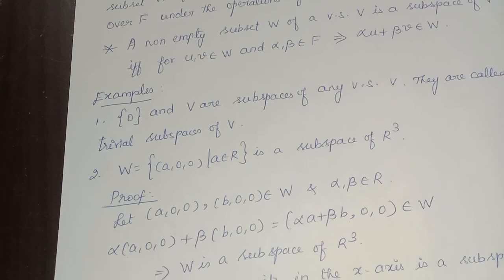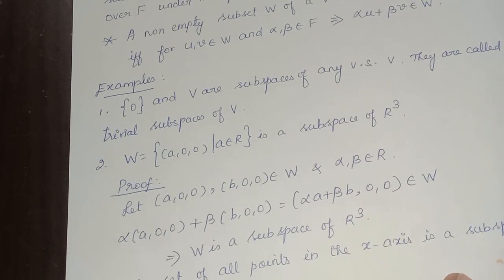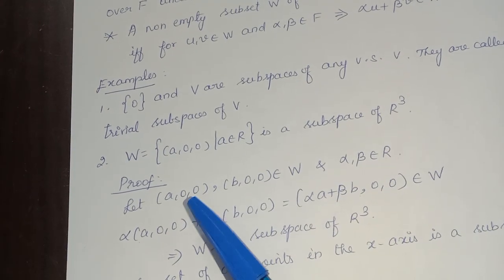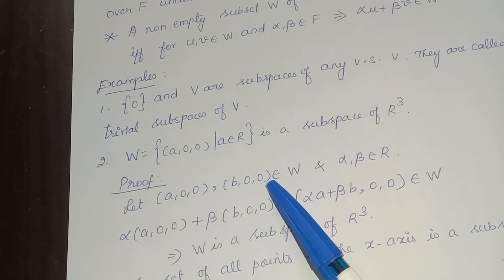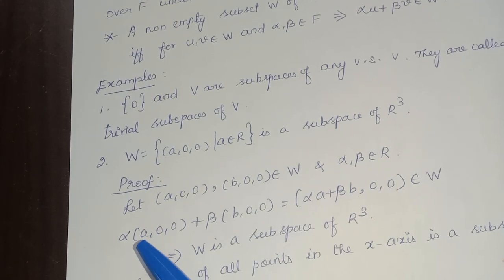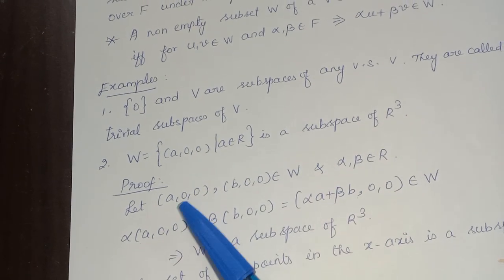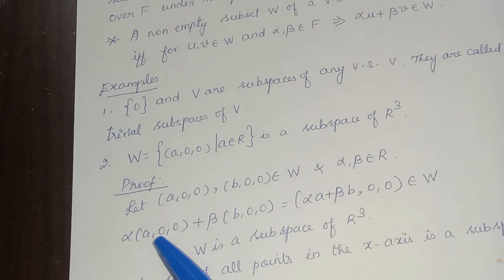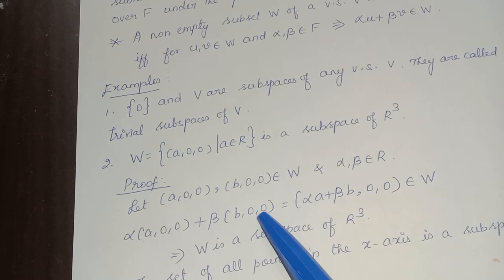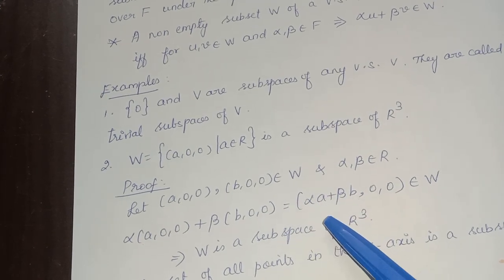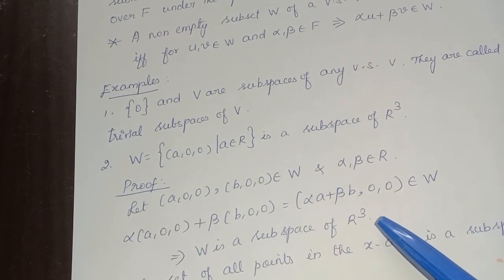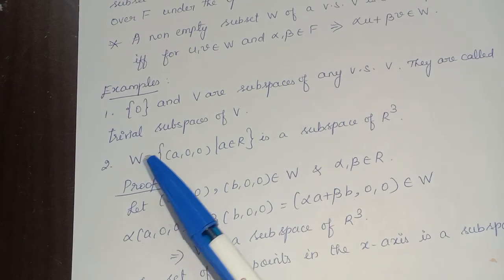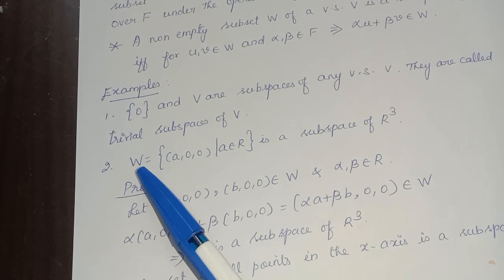Let us verify. For verifying whether it's a subspace or not, alpha u plus beta v should belong to this W. So let me take (a, 0, 0) and (b, 0, 0) as two elements of W, and check whether alpha u plus beta v belongs to the same W or not. Alpha into (a, 0, 0) plus beta into (b, 0, 0) is equal to (alpha a plus beta b, 0, 0). So it again follows the same pattern. What is the criterion for a member of W?